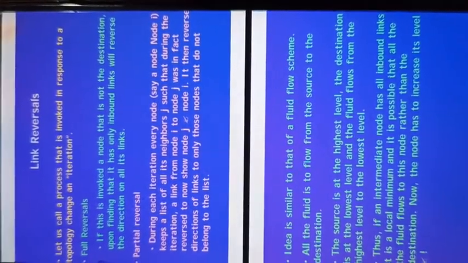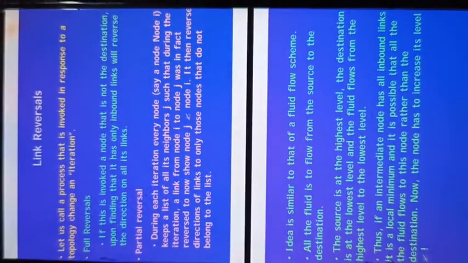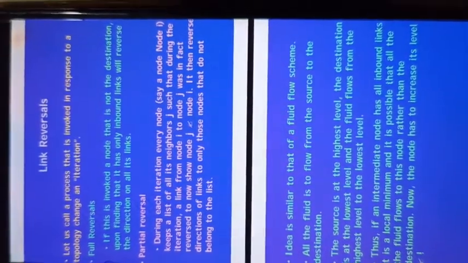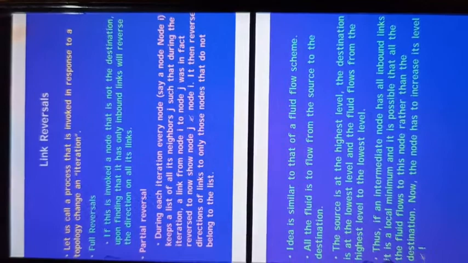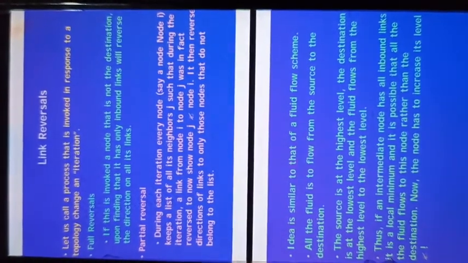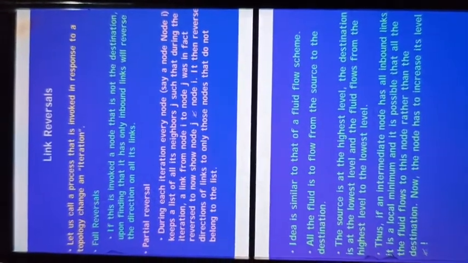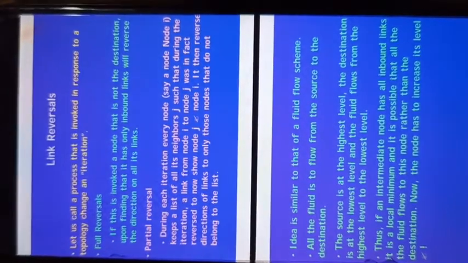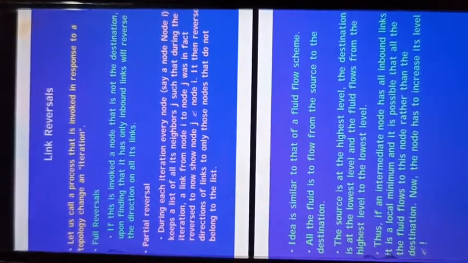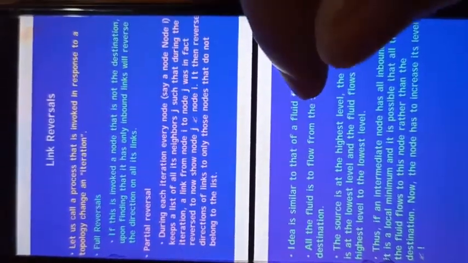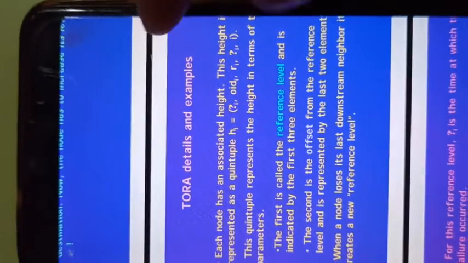Thus, if an intermediate node has all inbound links, it is a local minimum, and it is possible that all the fluid flows to this node rather than the destination. Now the node has to increase its level. So this is the link reversal. So these are the TORA details and example.